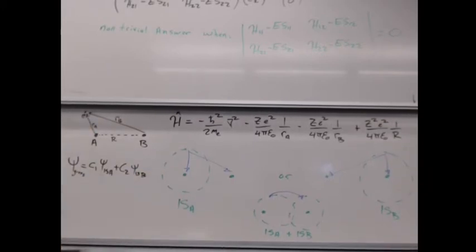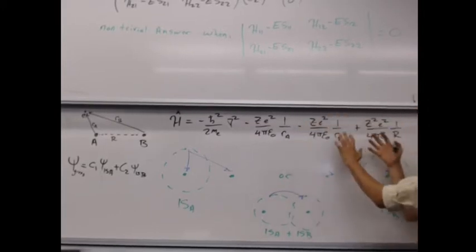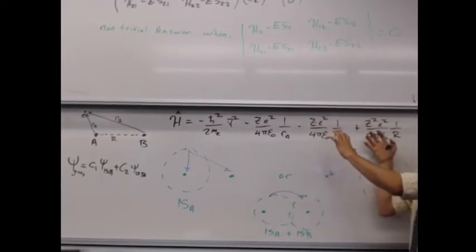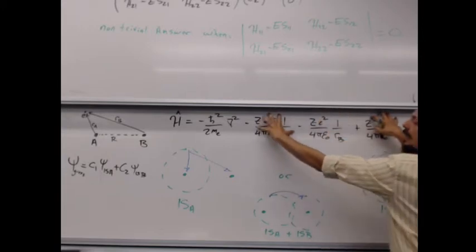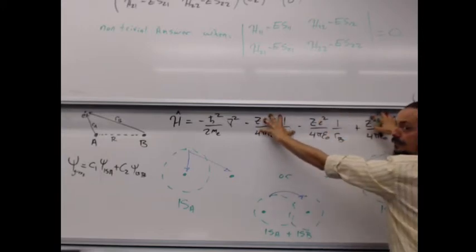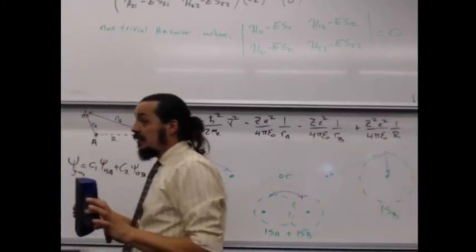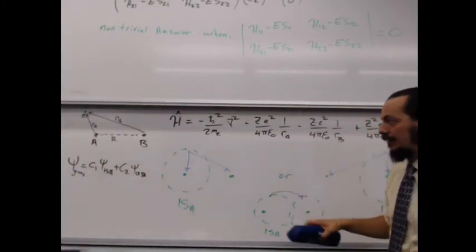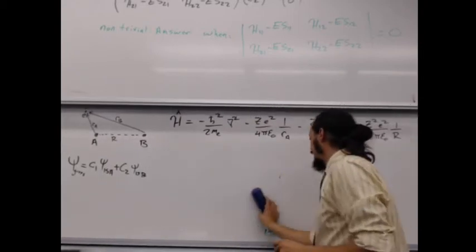I'm going to use my hydrogen-like wave functions, those things that I've already solved, to say, yeah, that looks like a hydrogen. I've got some other junk that I have to take into account. That's why we're doing variation of parameters. But that looks like a hydrogen function. And yeah, that looks like another hydrogen function. So if we have this as our guess function, we get to use some of those nice things: Hermitian operators, orthonormal basis sets, stuff like that.